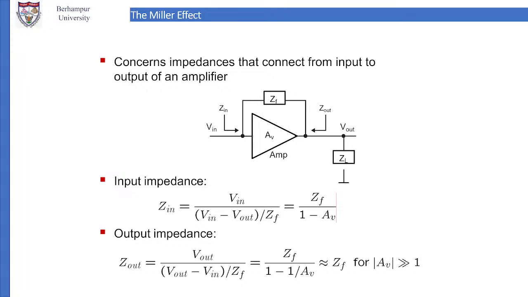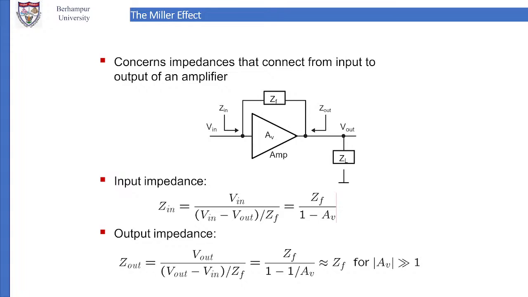Similarly, we can find out what is the output impedance. For the output impedance, it is the same as the input impedance, only you will interchange Vin and Vout. Vin will become Vout, Vout will become Vin in the same expression. So Zout is equal to Vout by (Vout minus Vin) divided by ZF.